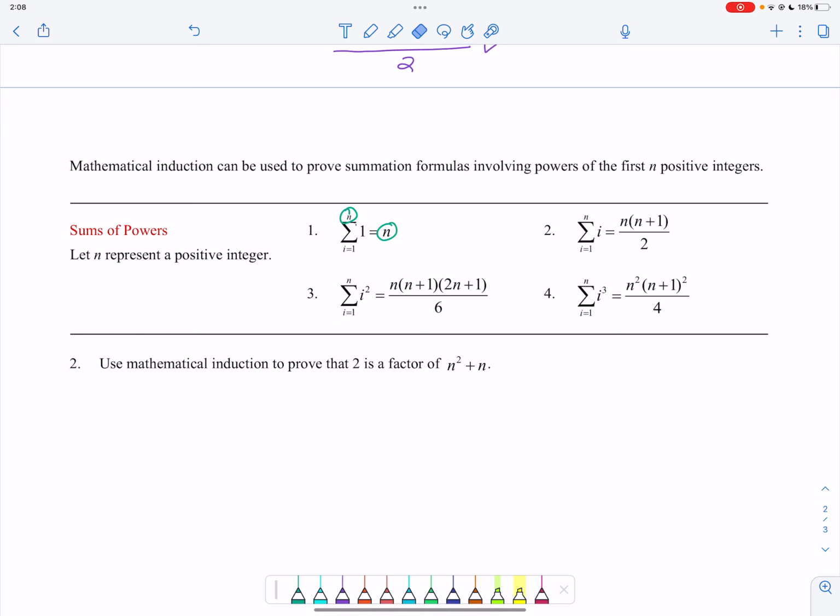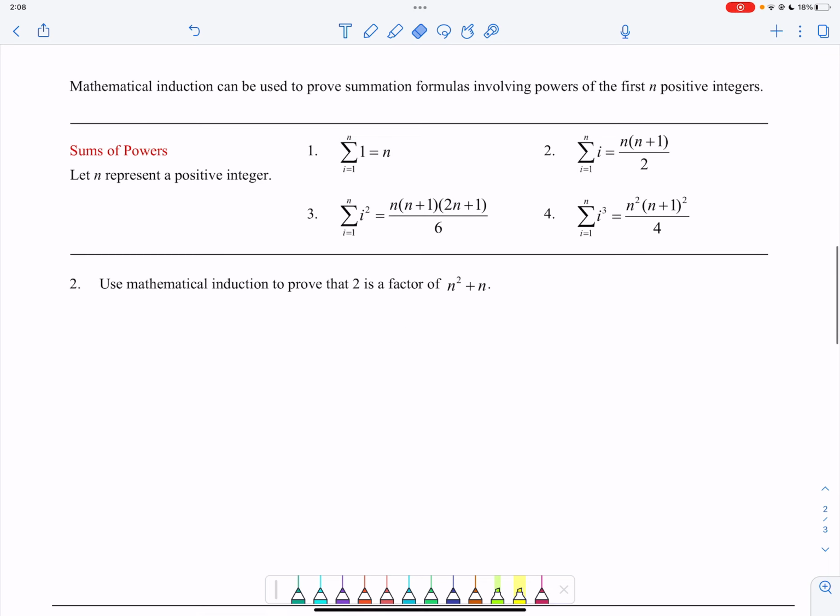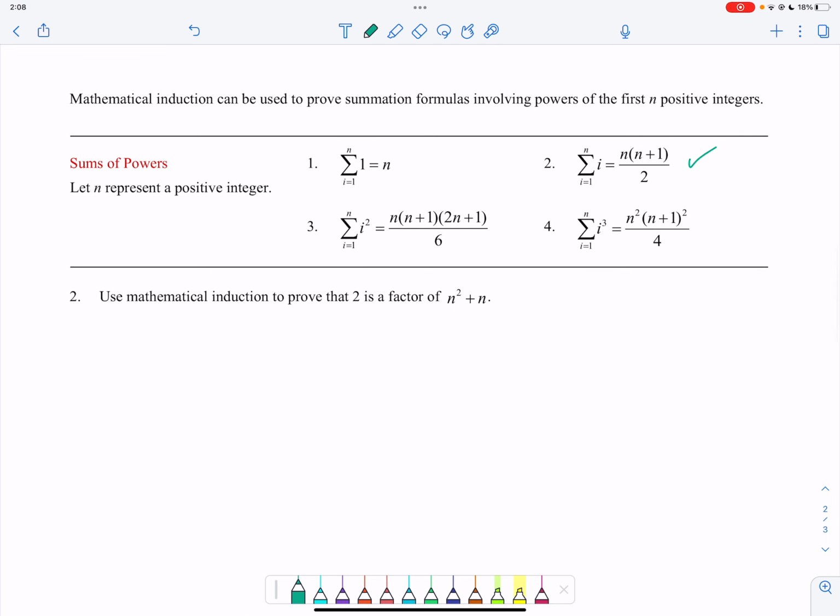So some of these sums of powers are handy to have. You can see that the sum of i, which would be what we're counting with, 1, 2, 3, 4, is going to be n times n plus 1 over 2. So the sum of the first n terms, i going from 1 to n, and so forth. You can see i squared and i cubed.